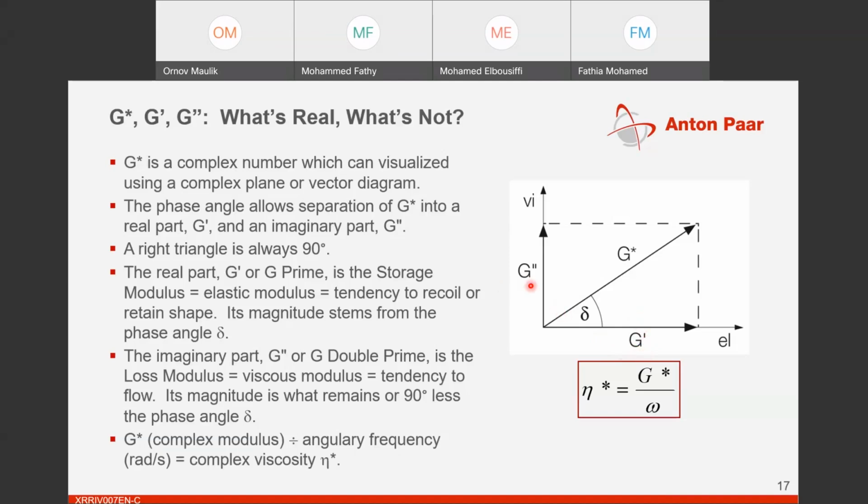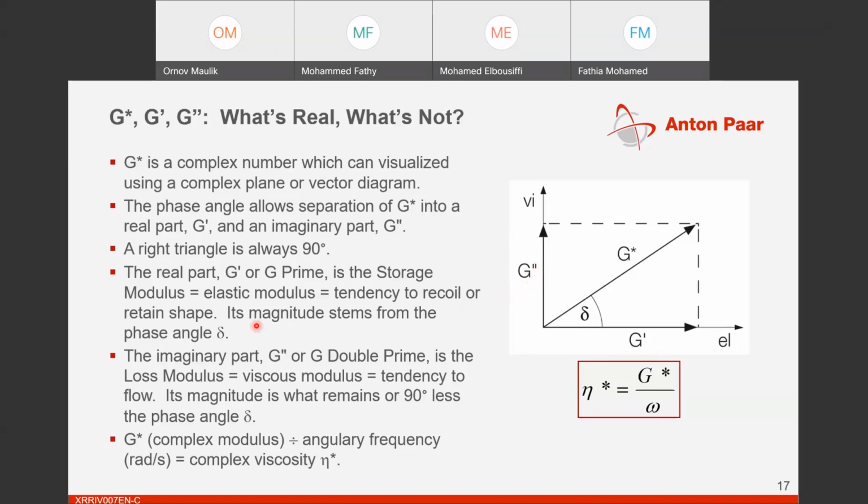Whereas G double prime is called the loss modulus, because when you deform any material and the structure is not intact, that means the energy in the structure is lost. So that's why it is called the loss modulus, and it gives you the viscous property of any particular fluid.